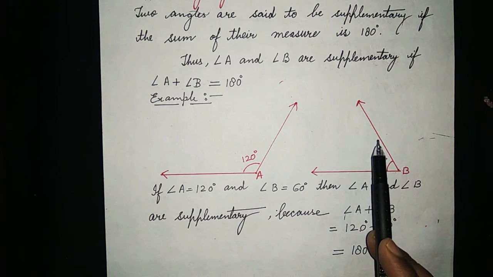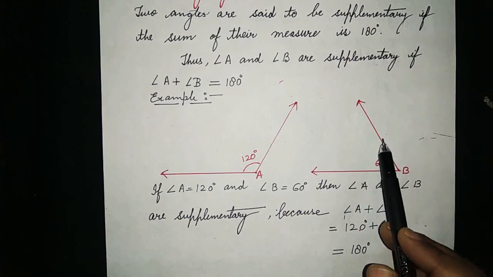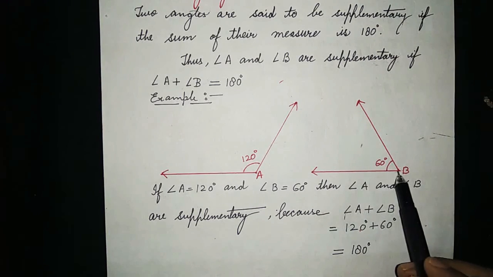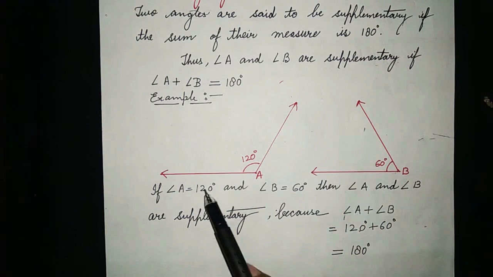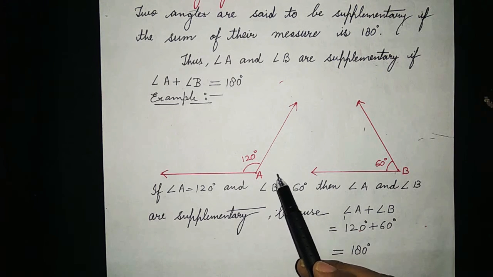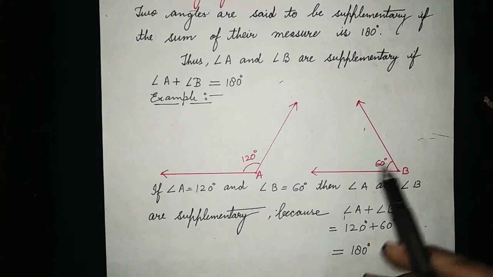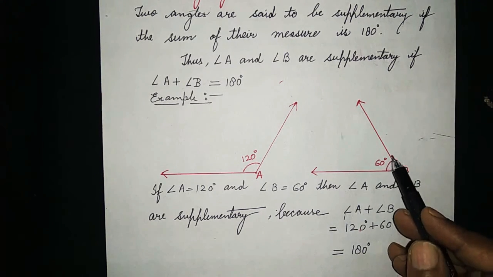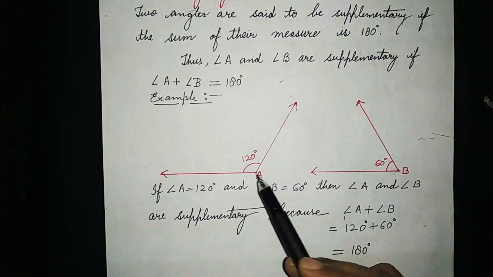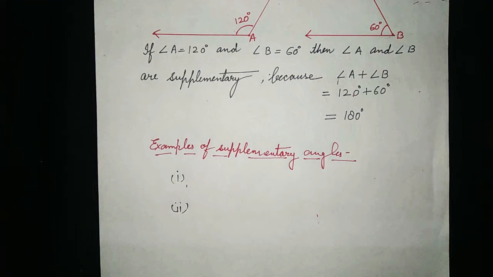For example, here angle A is the supplement of angle B and angle B is the supplement of angle A. So here you can say the supplement of a 120 degree angle is 60 degrees. And the supplement of a 60 degree angle is 120 degrees.